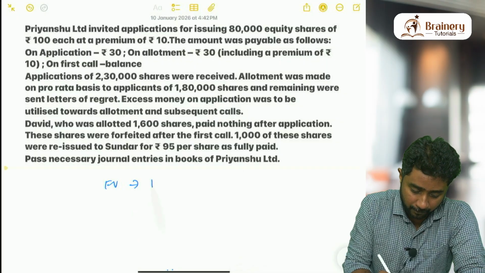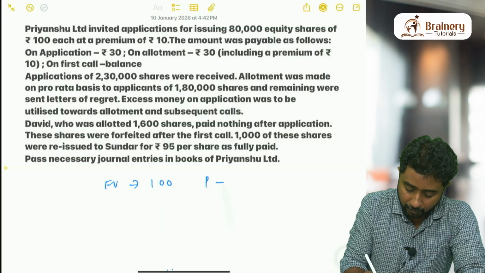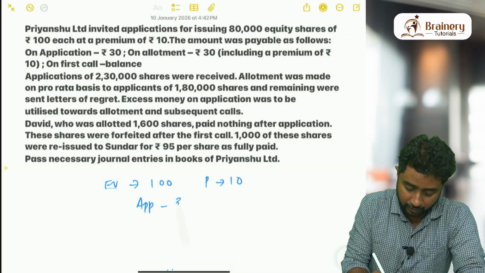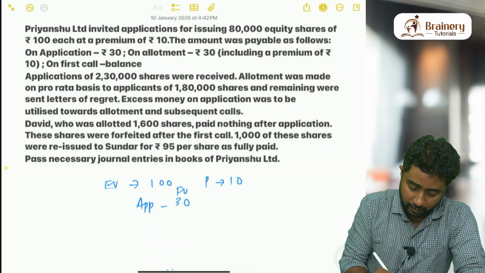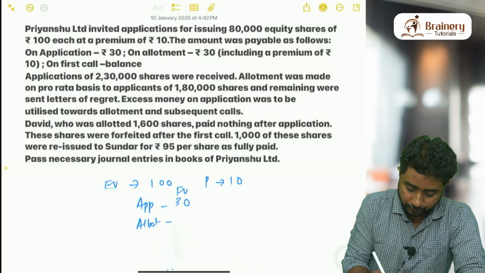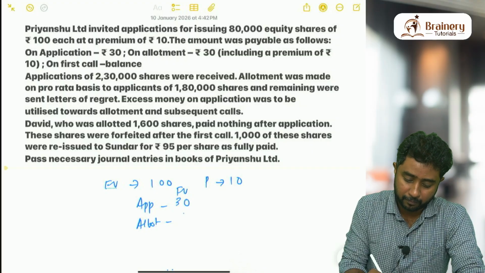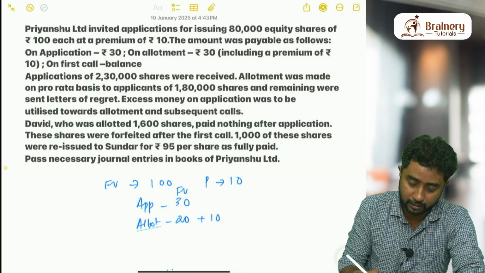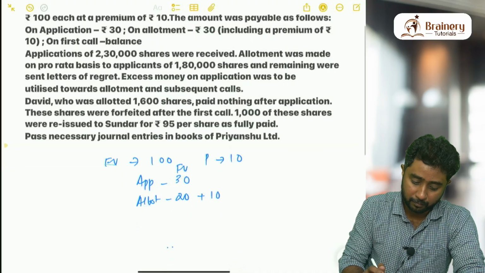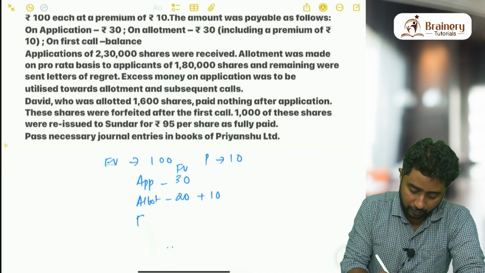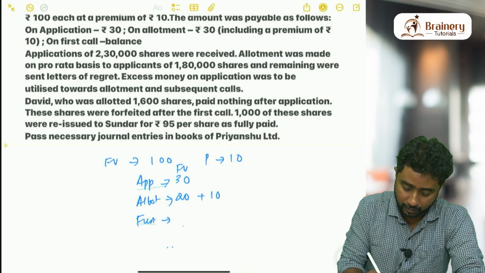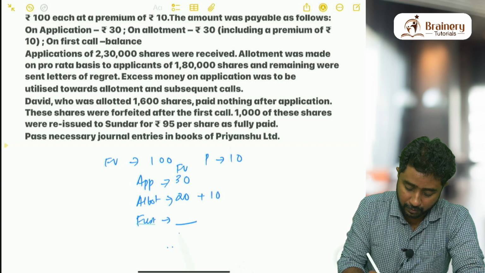Face value is 100, premium is 10, and the split up: application it is 30, there is no premium. Allotment, there is premium which is included in 30, so obviously the face value part of the allotment is 20 and 10 is premium. And first call is the balance, so obviously when you add, you should get 100.